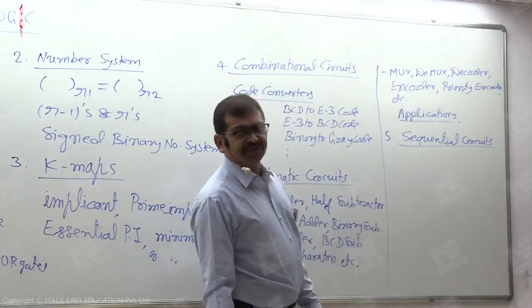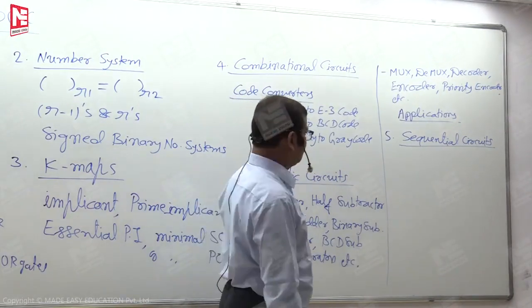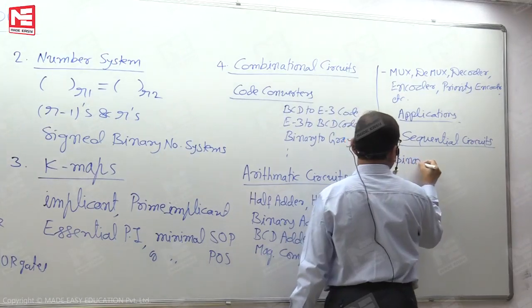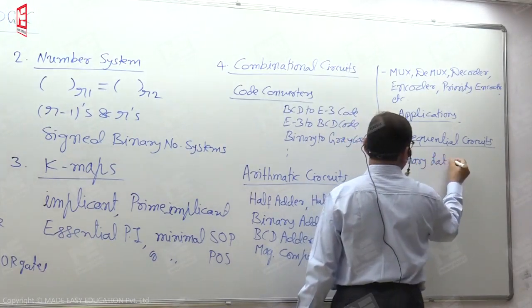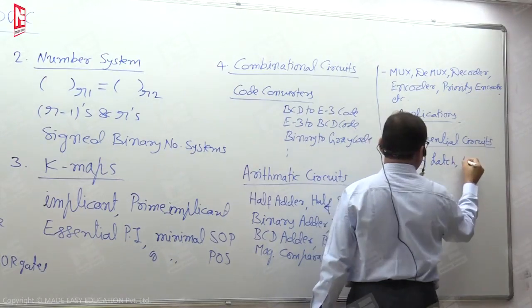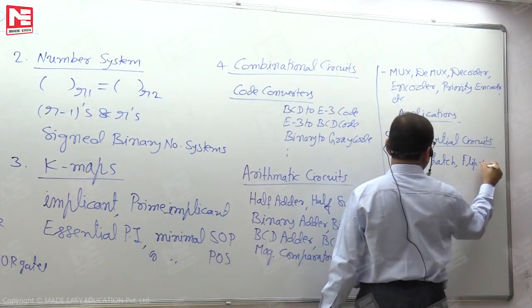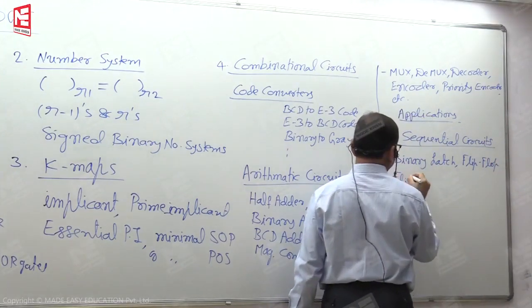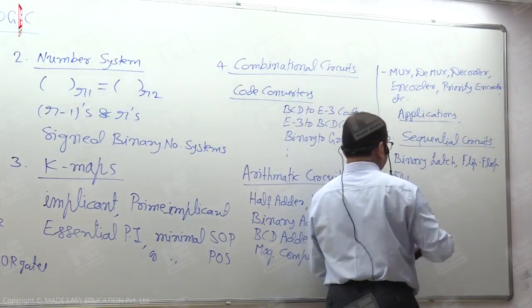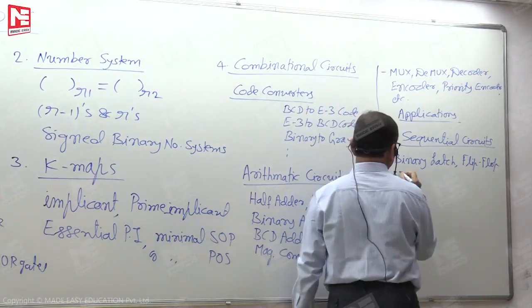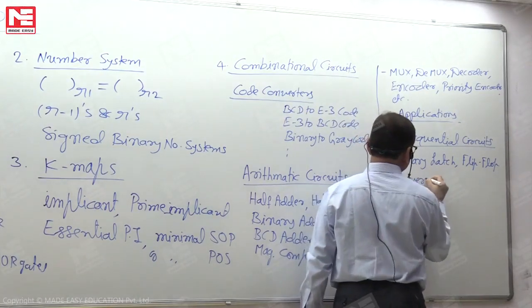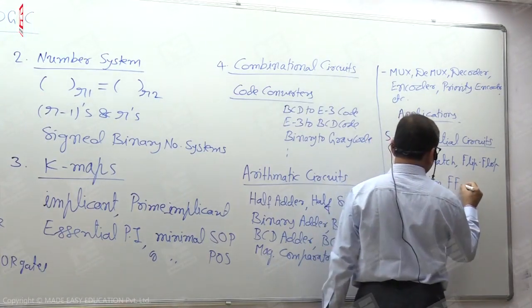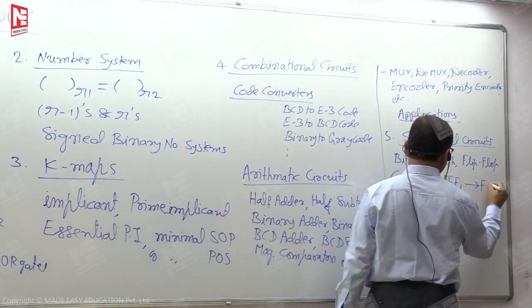Under the heading of sequential circuits, we need to start with the basics of binary latch, flip-flop, and conversion, say one flip-flop with the name of flip-flop 1 to another flip-flop with the name of flip-flop 2.